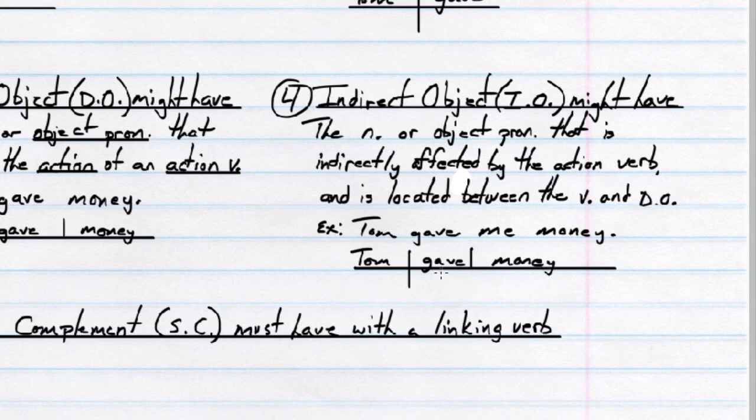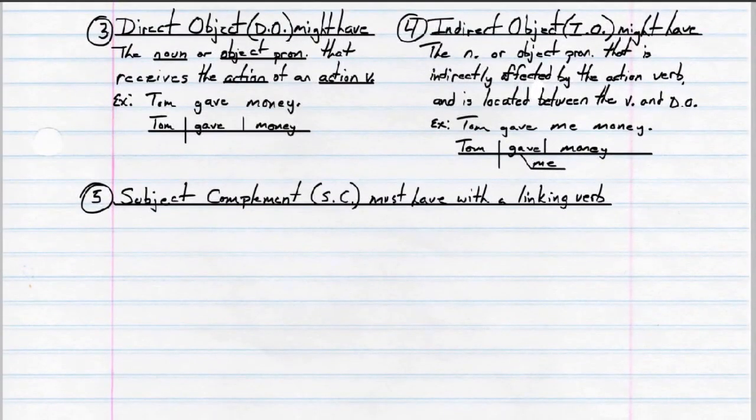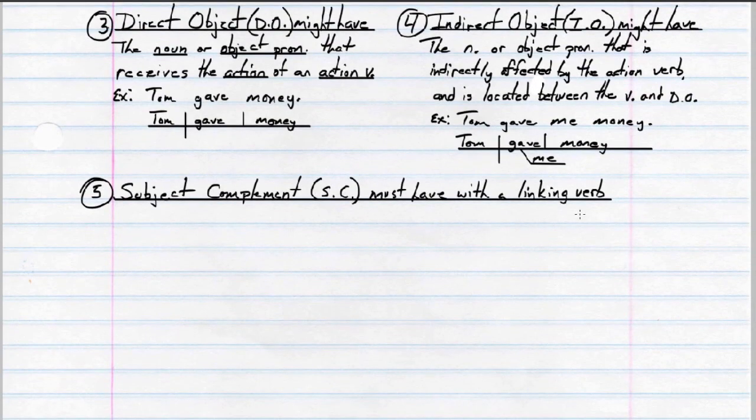And now I have a little symbol like this. It almost looks like a prepositional phrase symbol, but there won't be any preposition here, which means this is going to be an indirect object. We put me right here. I'm going to move this so our last notes are at the top, so we can get the final notes in here for subject complement.